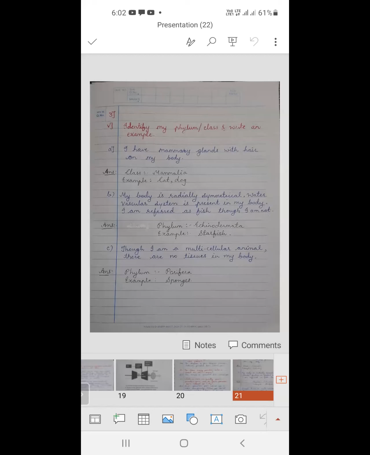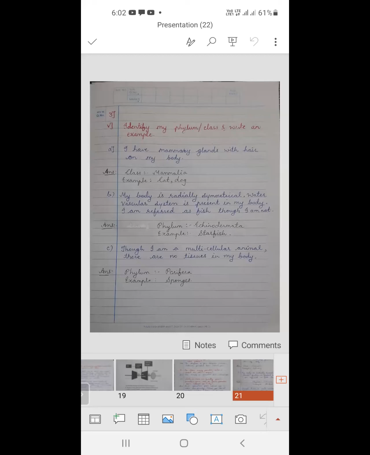So you can write that the class is Mammalia. The animals which have mammary glands belong to class Mammalia. The easy examples are cat and dog. Both have mammary glands.